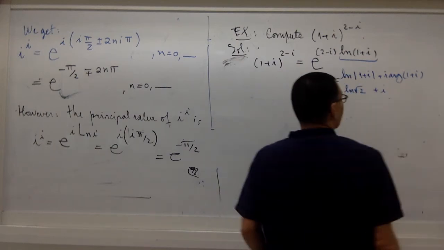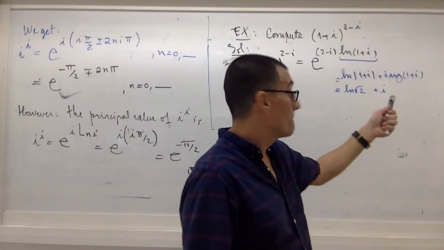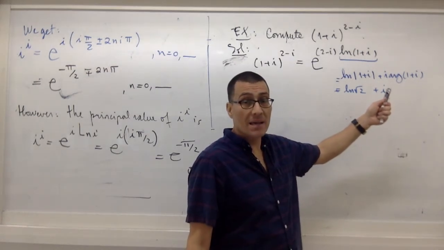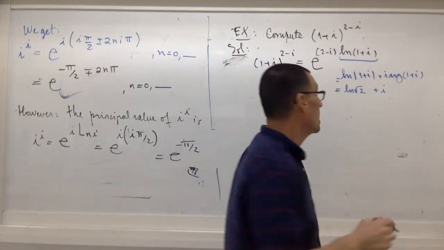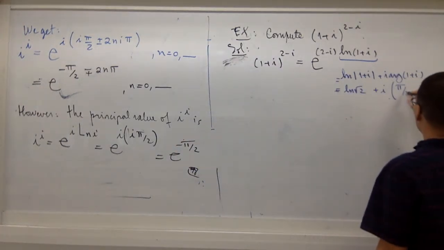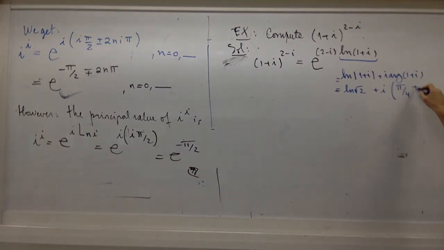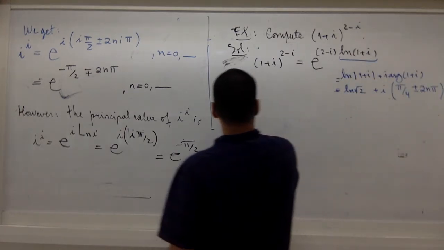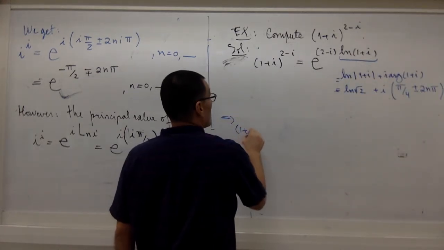Plus i times the argument of 1 plus i, which was pi over 4, the principal value of the argument, plus or minus the rotations in 2 pi radians.